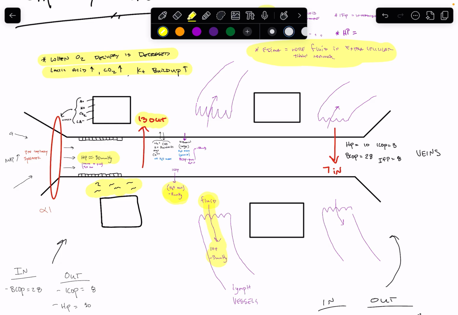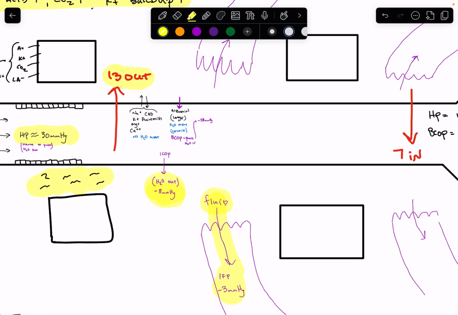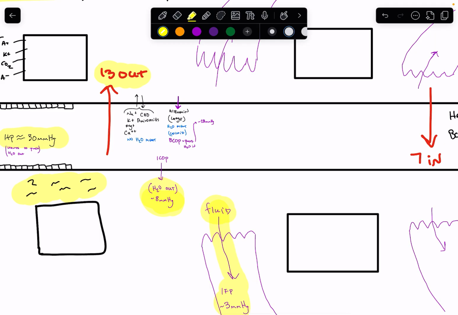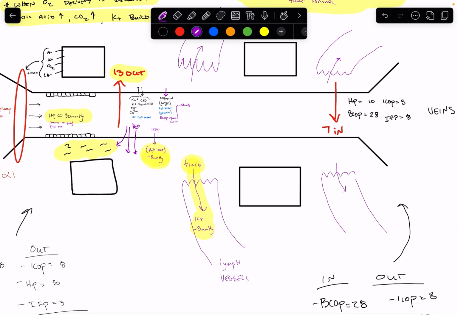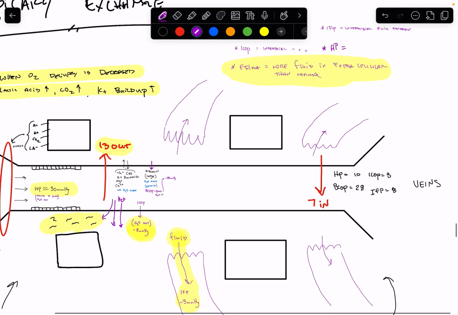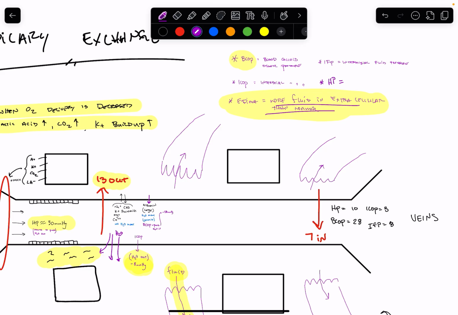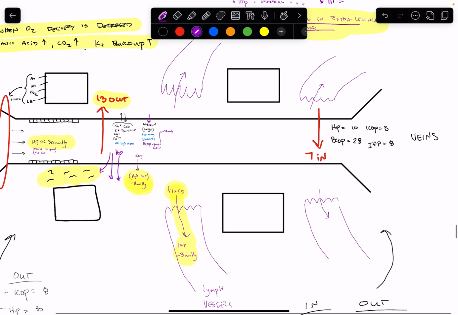And so what that's going to do is, because now there are these little proteins, it's going to increase the amount of water that wants to leave. And what happens is this is much more than the lymph vessels can handle. And what that's going to cause is an increase in extracellular fluid that is more than normal. And that's how you're going to get swelling.